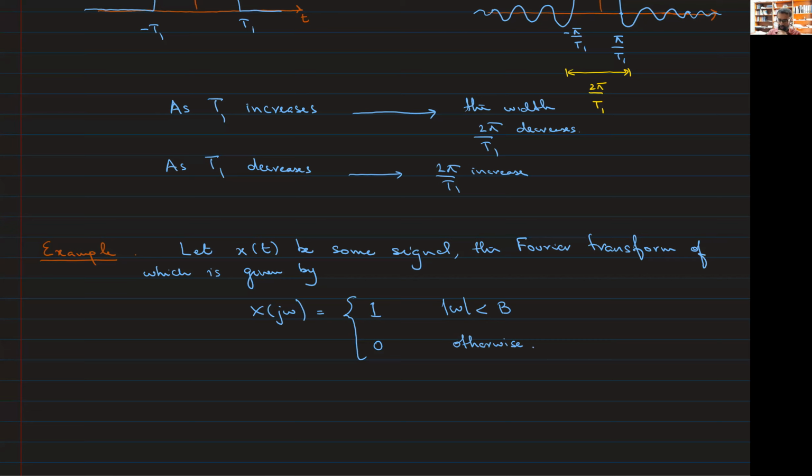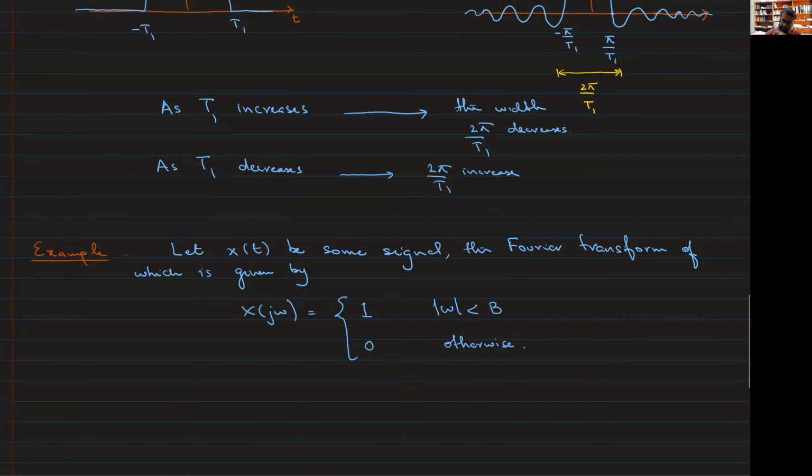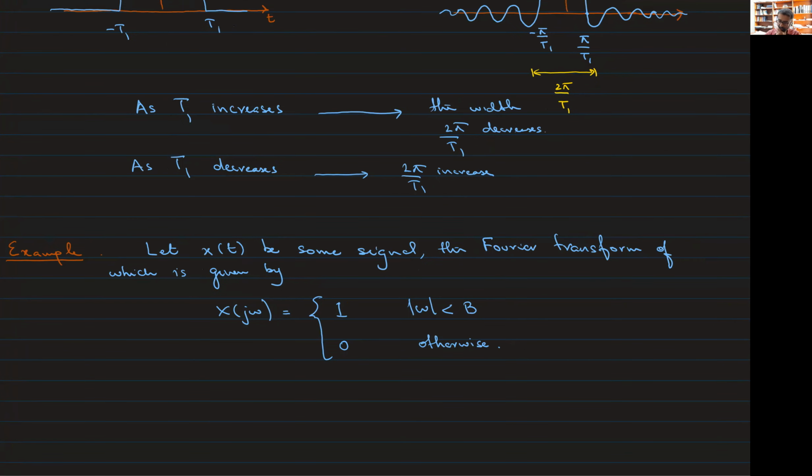Okay, so what does x of j omega look like? X of j omega, क्या दिखेगा x of j omega, right? So if this is omega, as Daniel says, it's a square pulse, but in the frequency domain, right?